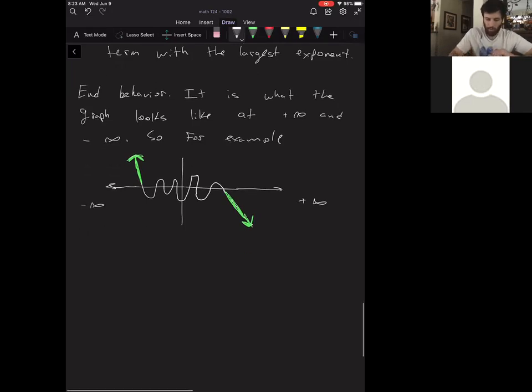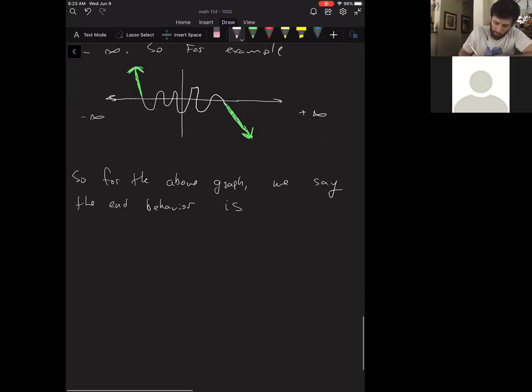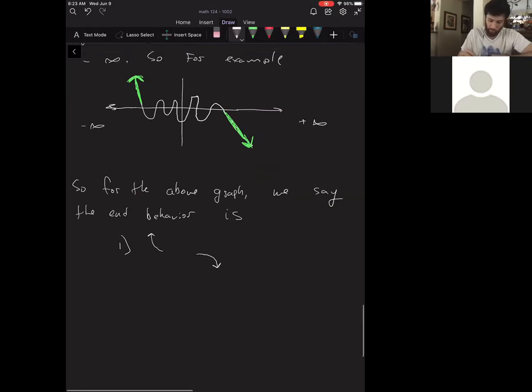Another way we could say it, for the above graph, we say the end behavior is, and there's a couple of ways to write this. The first way is just through a picture, and it's this. For this example, it just means on the left-hand side, it goes up, and on the right-hand side, it goes down.